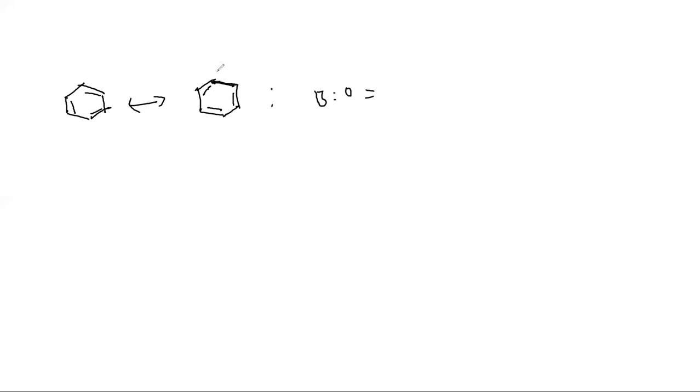Let it be 1, 2, 1, 2. Between 1, 2, I have 2 bonds, and here 1, 2, I have 2 bonds. So the total number of bonds is 3, and the total resonating structures is 2. So the bond order is 1.5, what we got in the previous case using the formula: bond order is equal to 1 plus number of pi bonds by number of sigma bonds.